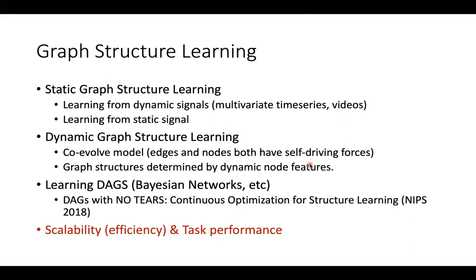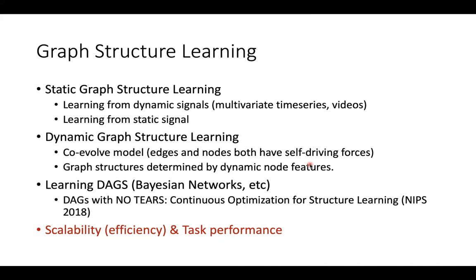I found one very interesting paper that I'm currently reading. I haven't finished it yet because the math behind it is a little too hard for me, so I'm trying to understand it better. It is called DAGs with NO TEARS, continuous optimization for structure learning, published at NeurIPS 2018.